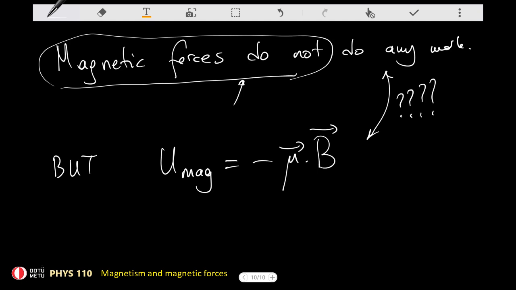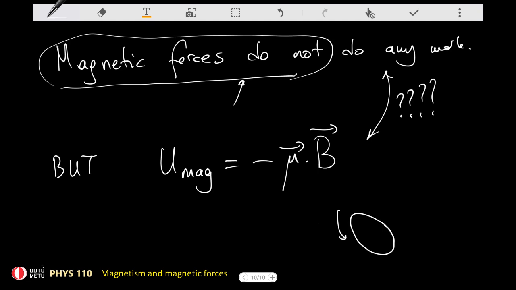There's a process called induction, where if you change the magnetic field, it produces an electric field, and those electric fields can exchange energy with the particles. So there's some kind of an intermediate process in here. I'll just quickly describe it. There's a process called induction.